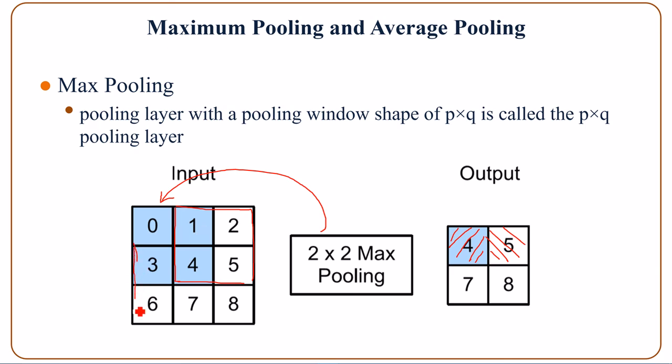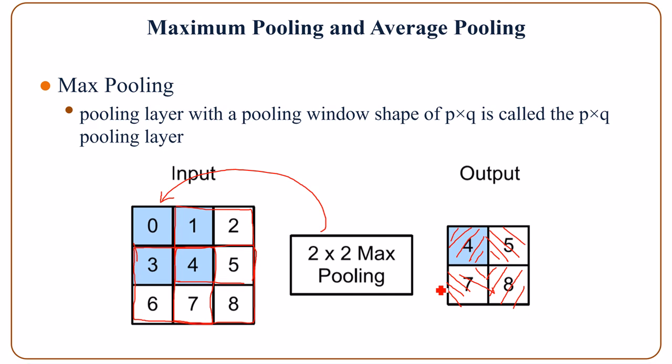Take the max of the 4 elements. Here we get 7. And finally take the max of the 4 elements there. We get 8. How about average pooling?